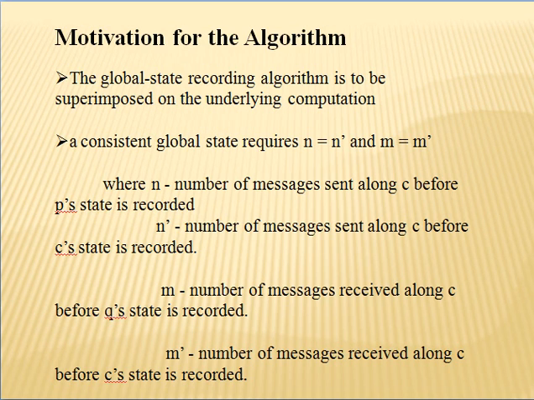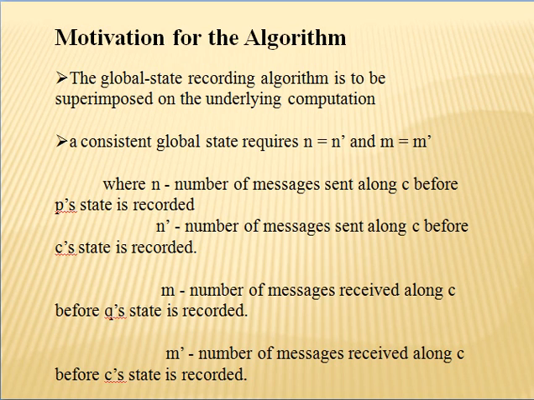If the state of process P is recorded in global state S1, then the state recorded for P shows the token in P. Now they assume that the global state transits to S2. Suppose the states of channels C and C dash and of process Q were recorded in global state S2.